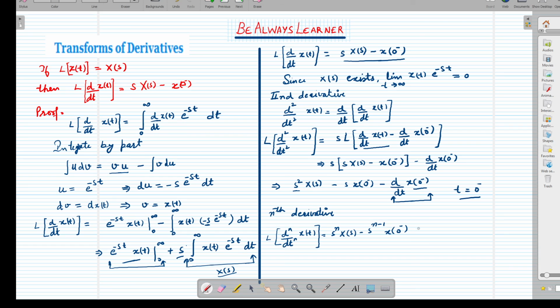Now the derivative terms come into the picture, that is s raised to the power n minus 2 times d by dt of x(0), and so on, minus the n minus 1th derivative of x(0). So that's how we can calculate the Laplace transform of the nth derivative.